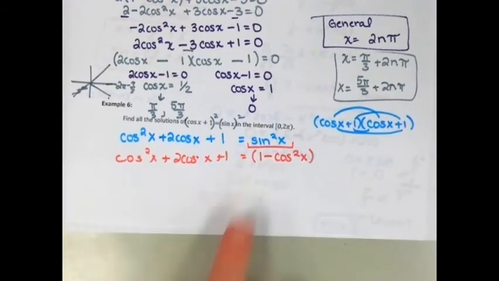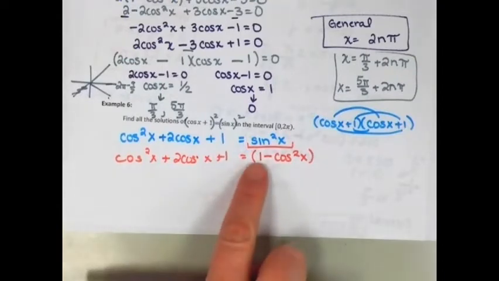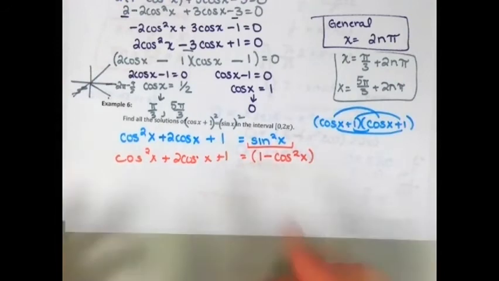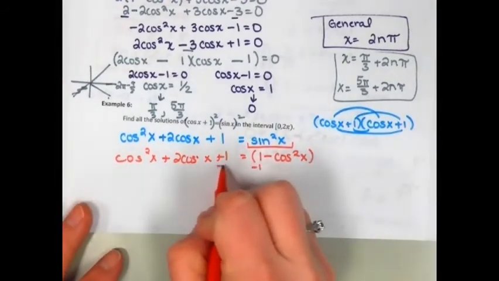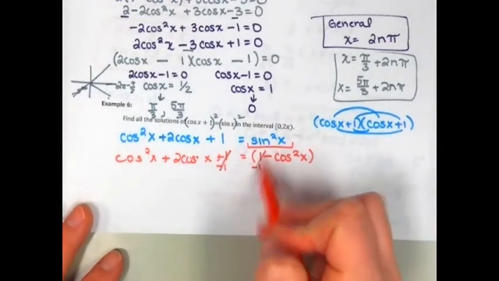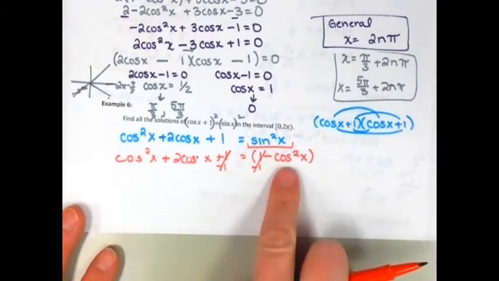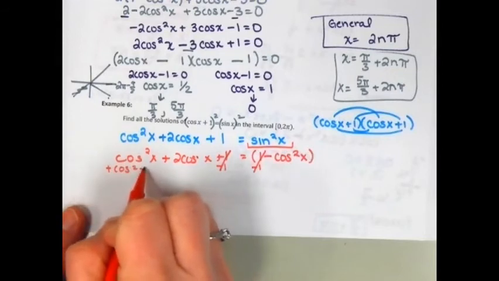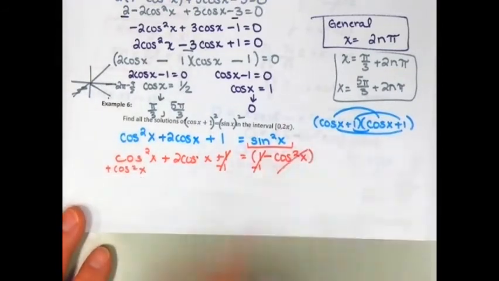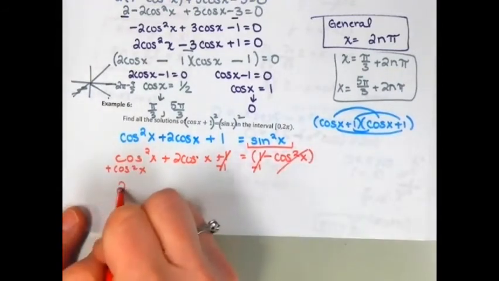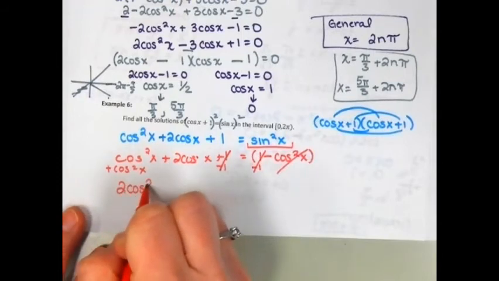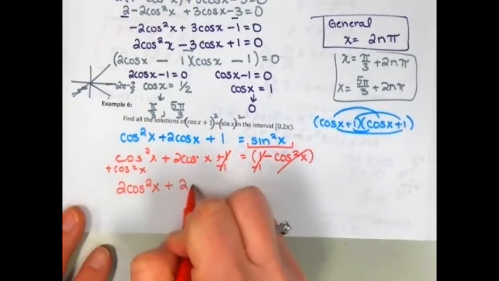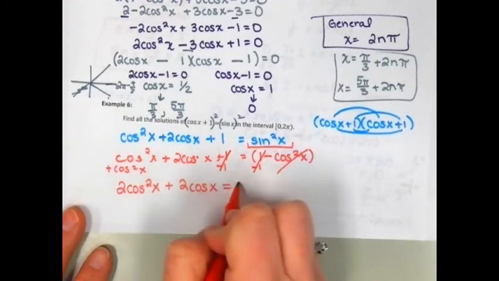Now, are we able to move this stuff over to the other side and combine like terms? Yeah. How do I move this 1 over? Subtract it. And what happens to these 1s? Don't they cancel out? How do I move the cosine squared over? Add it, right? What's cosine squared x plus cosine squared x? 2 cosine squared x plus 2 cosine x equals 0.